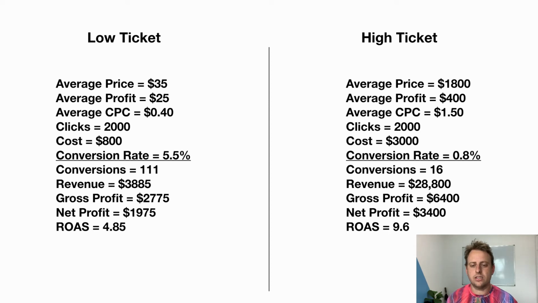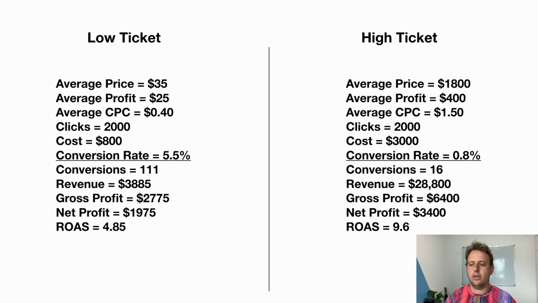Our cost per clicks are different, because low ticket products are often a bit cheaper to advertise from a cost per click perspective than high ticket, even taking into account that the high ticket CPC is more than triple the low ticket one, which isn't always the case. We're basing this on 2,000 clicks. For 2,000 clicks, the high ticket offer is going to turn in a cost of around $3,000 compared to $800.